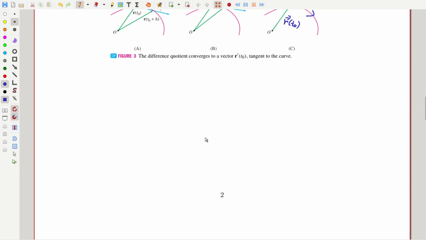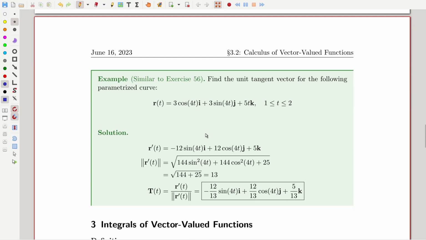Okay. And we have a problem that asks us to compute the unit tangent vector for a given vector function. Here we have the vector valued function r of t is 3 cosine 4t i plus 3 sine 4t j plus 5t k. The fact that t runs from 0 to 1 doesn't really play a role here.